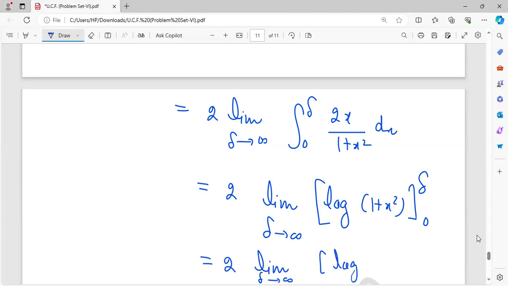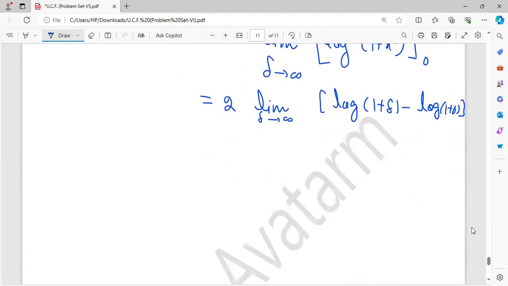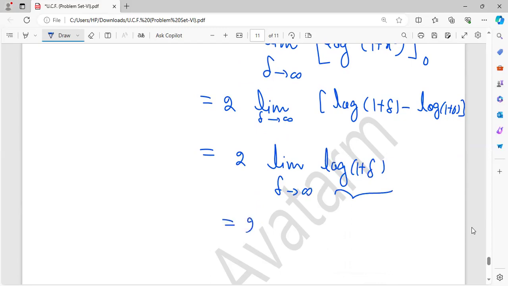Log(1 plus delta square) minus log(1 plus 0), and log 1 value is 0. What is the value of this when delta tends to infinity? It is infinity.